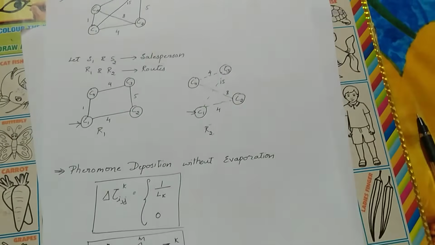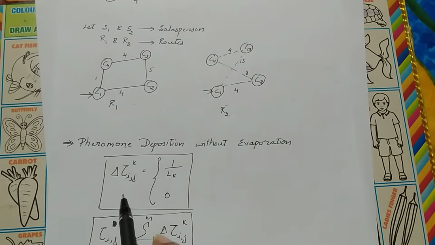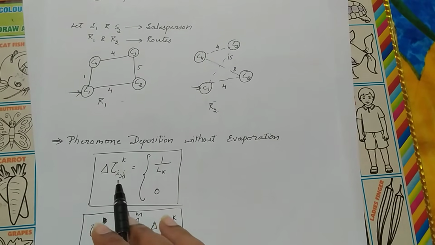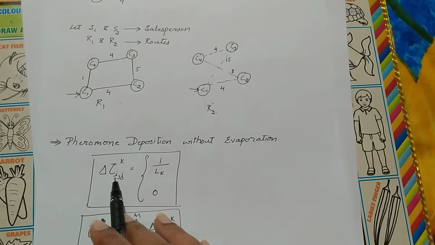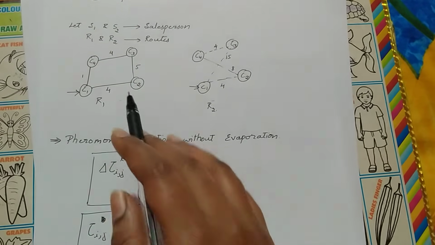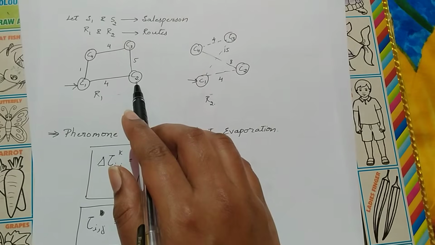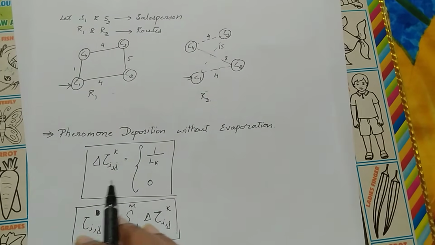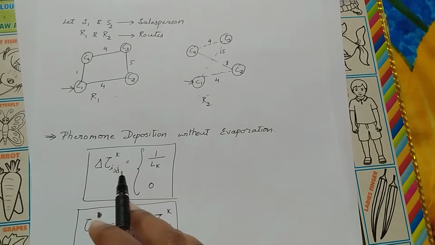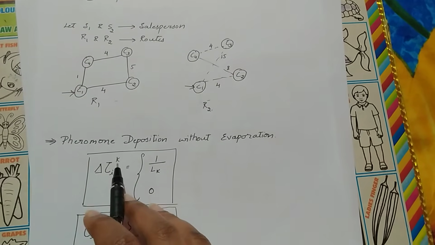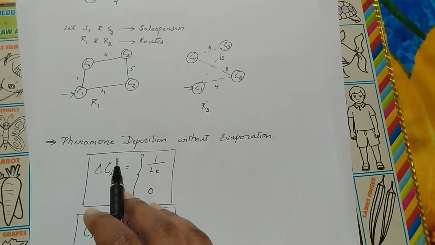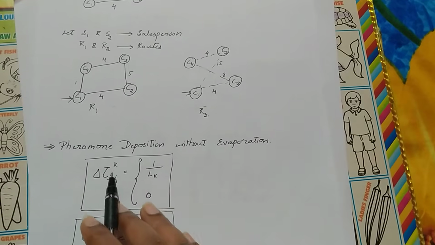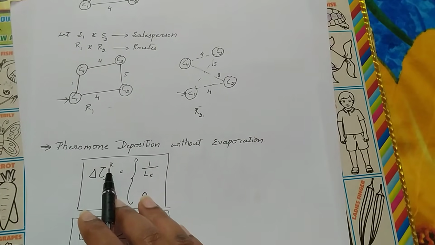This is the formula for it, where delta pheromone deposition of Ij. Here Ij means a path from one particular node to another. For example, C1 and C2 are two different nodes or cities here, so I becomes C1 and J becomes C2. And K will be the salesperson, either S1 or S2.